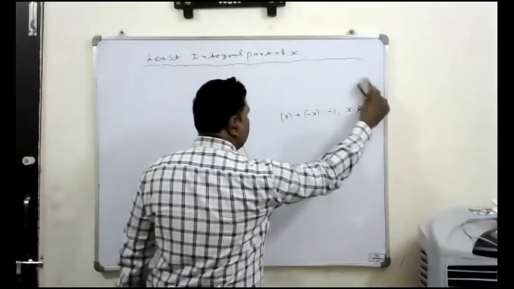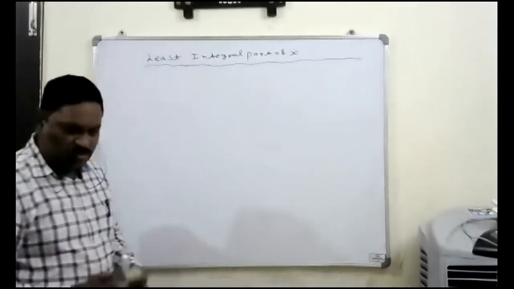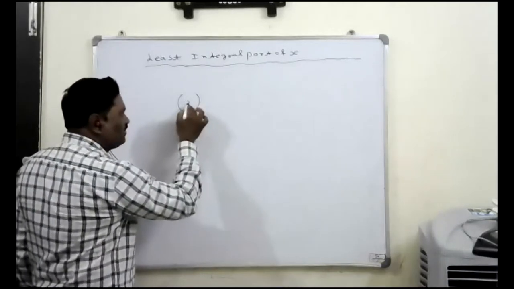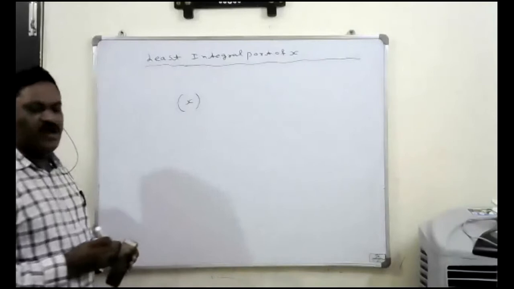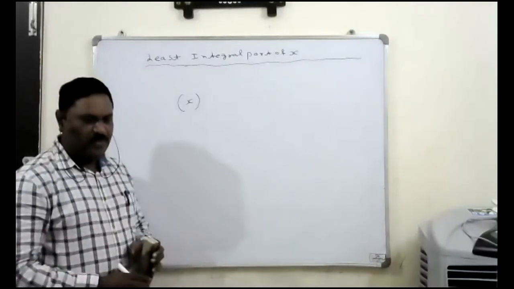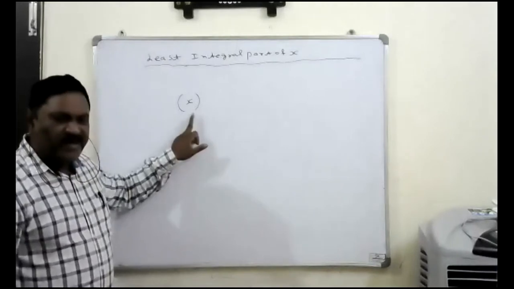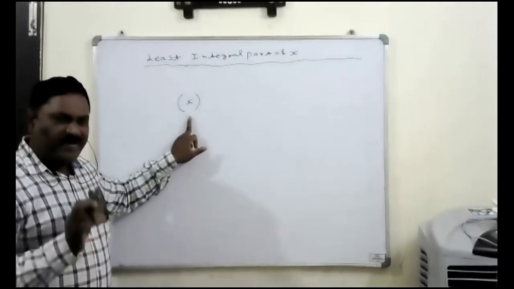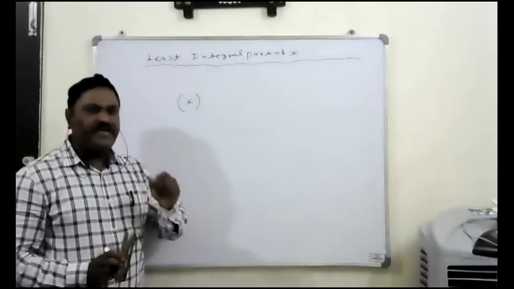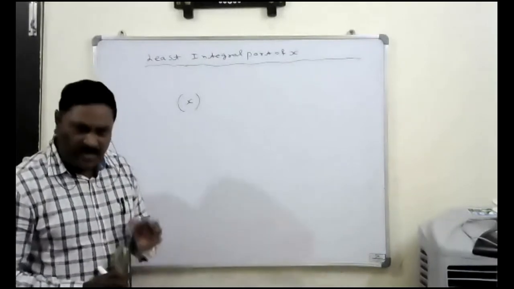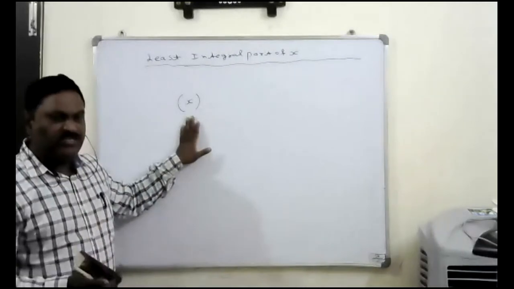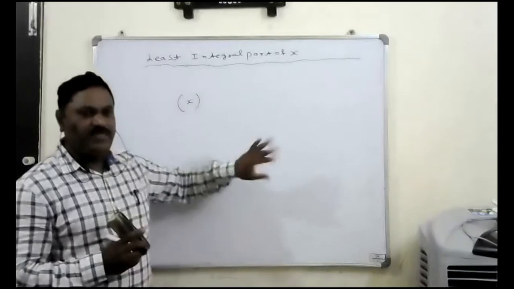What is meant by this least integral part of the x? बोले तो अपने round bracket लिखी, इसमें x लिखा तो then we have to read it as an least integral part of the x. Okay, this is called the open bracket and x. So if you write like that, we have to read it as the least integral part of the x. Means this is going to give the least integer after the value of the x.